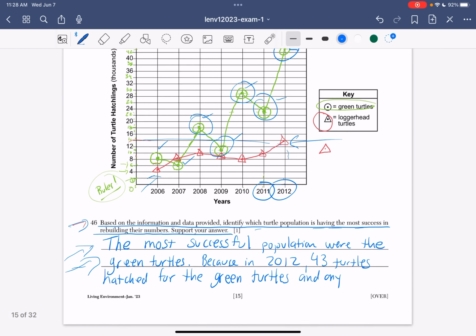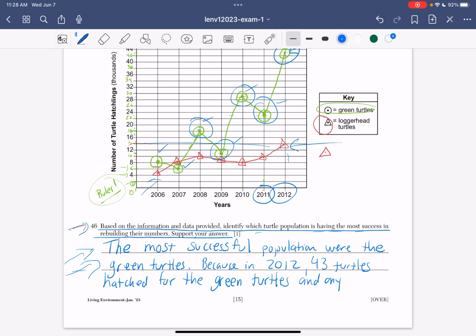Okay. And only 14 hatched for the loggerhead turtles. Did I need more than 2 lines?